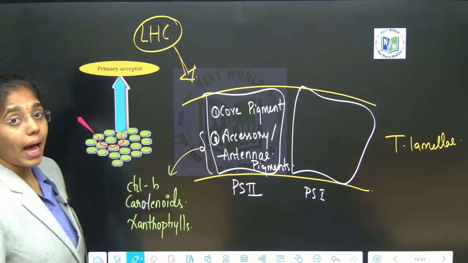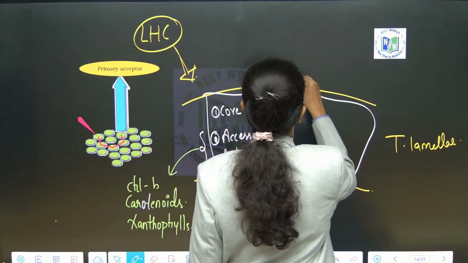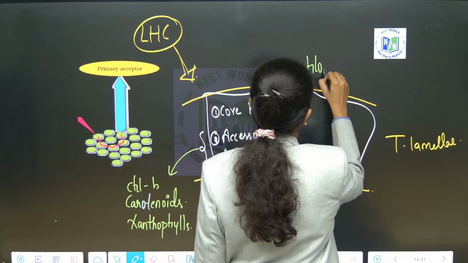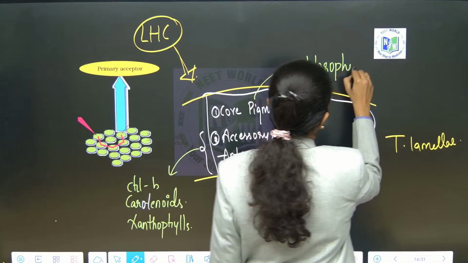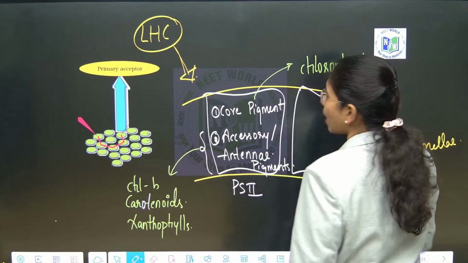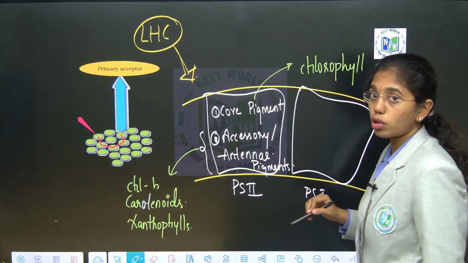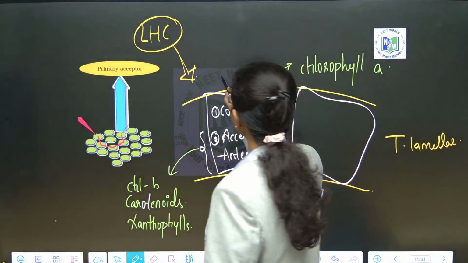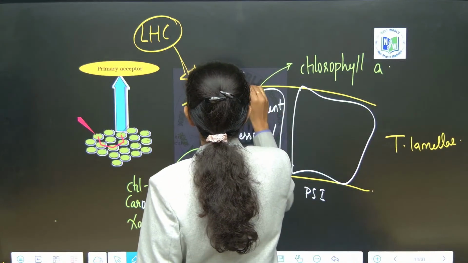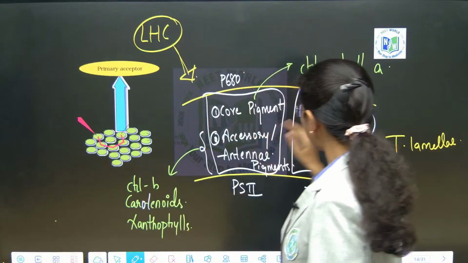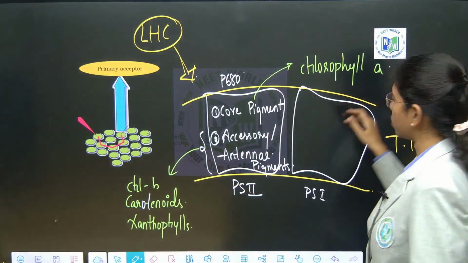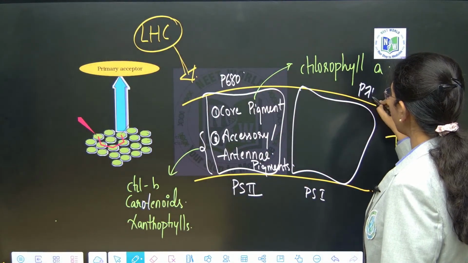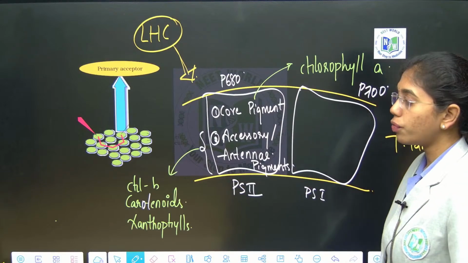Fine, right? And core pigment includes chlorophyll A, whose absorption maxima in photosystem 2 is P680, and the core pigment of photosystem 1 is P700. Clear with these two photosystems?